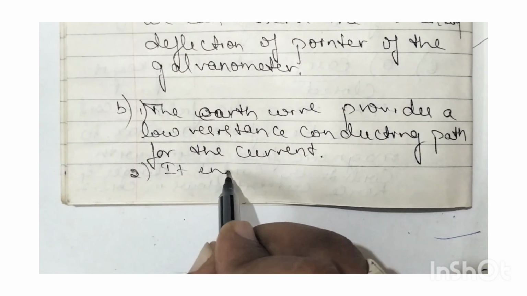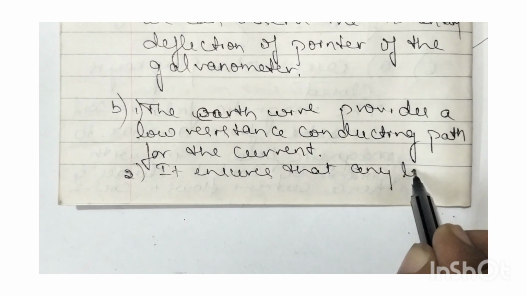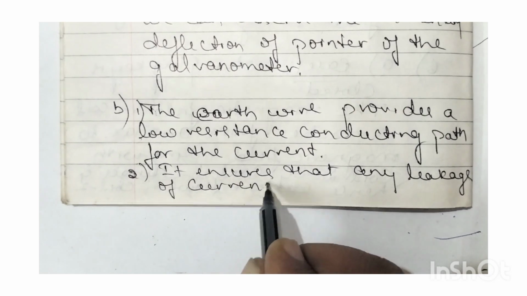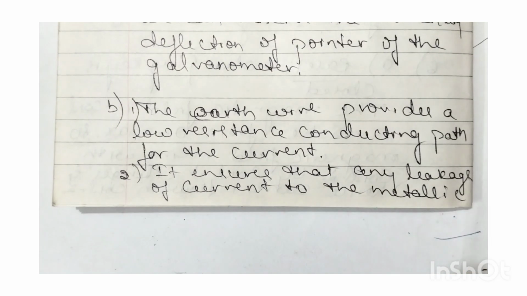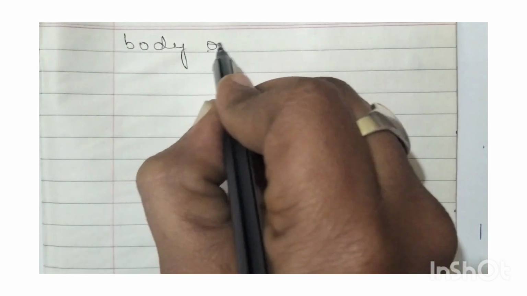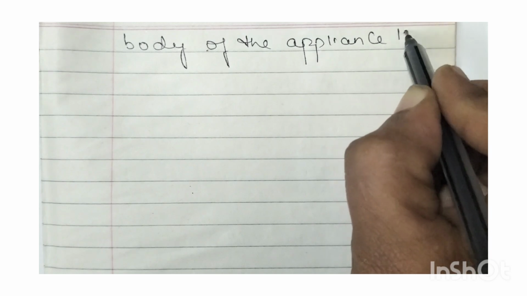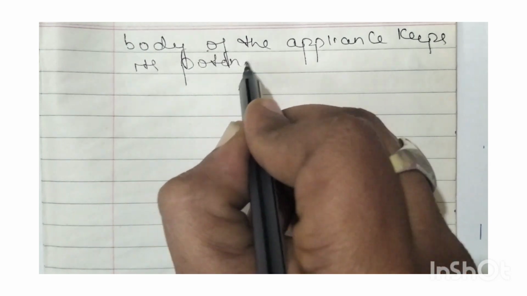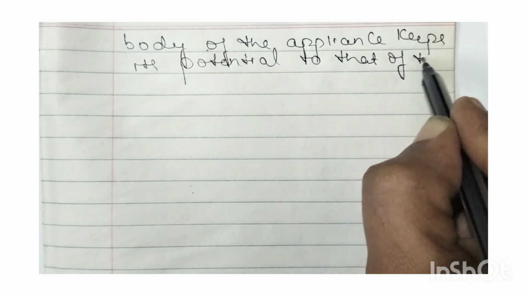It ensures that any leakage of current to the metallic body of the appliance keeps its potential to that of the earth, that is 0 volts.